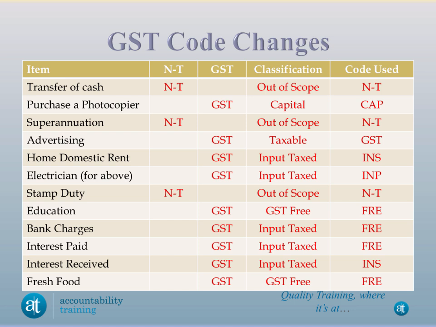and G14. The first thing that you will notice is that at no time did any NT code change to any other code. It remained as an NT code throughout. The second thing that you'll notice is that at no time did any GST code change to an NT code.